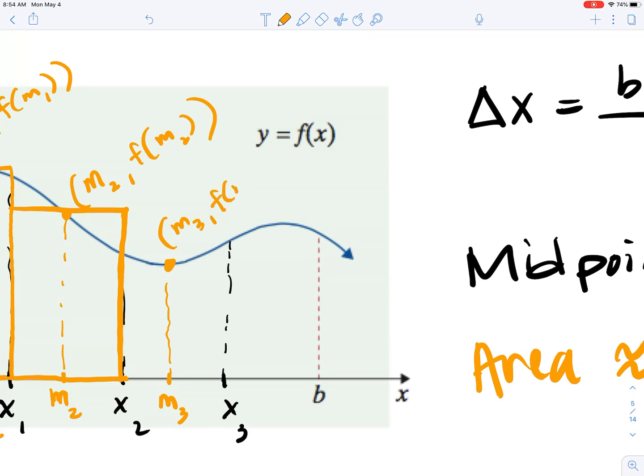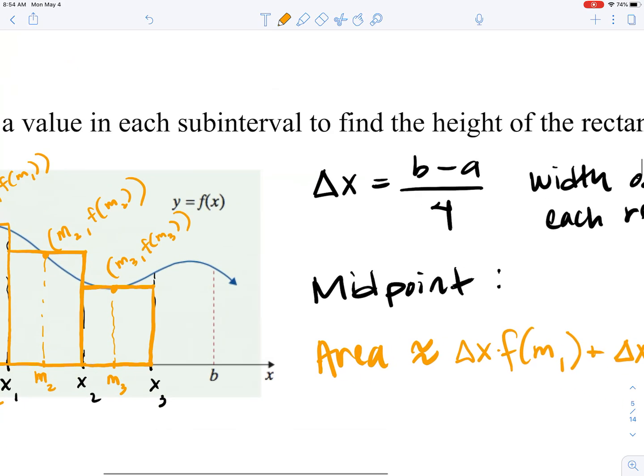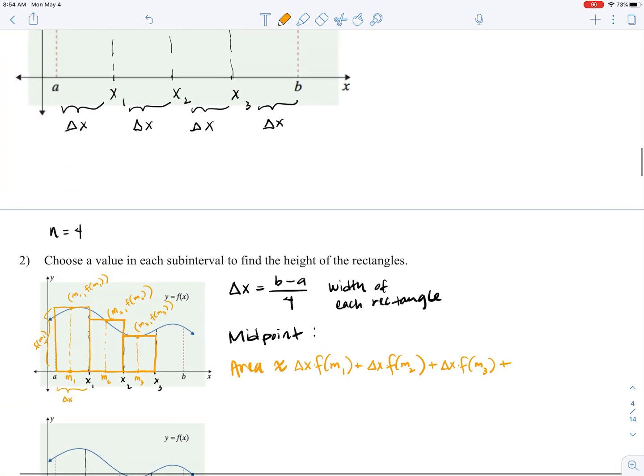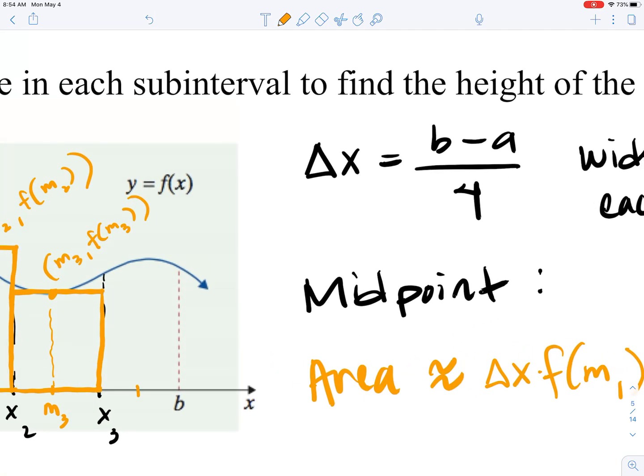And then I go to the third subinterval. The midpoint I'm going to call m sub 3. The point on the curve would be m sub 3 comma f of m sub 3. So the area of that third rectangle would be delta x times f of m sub 3.